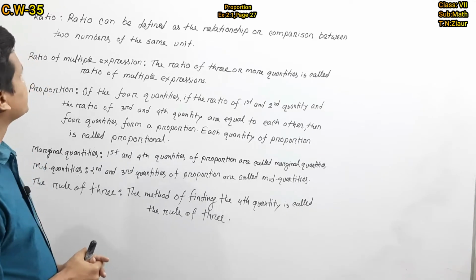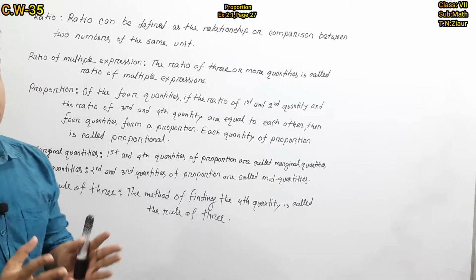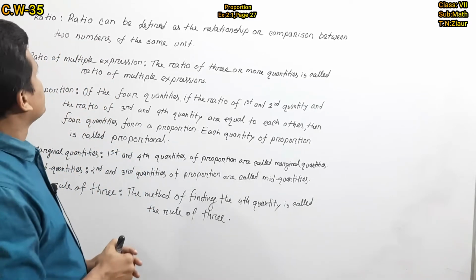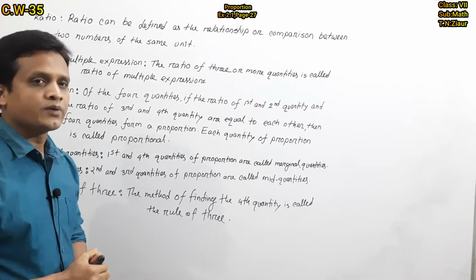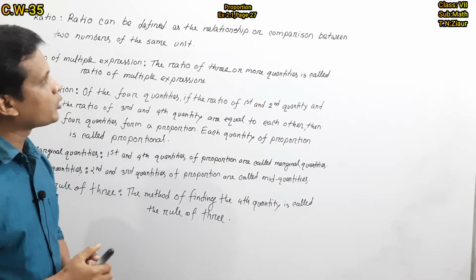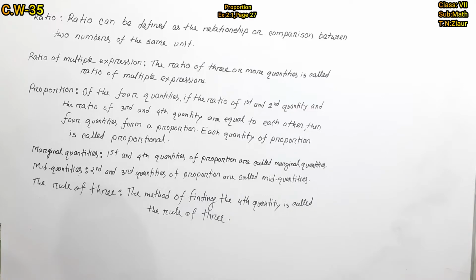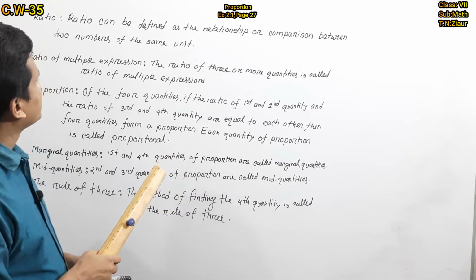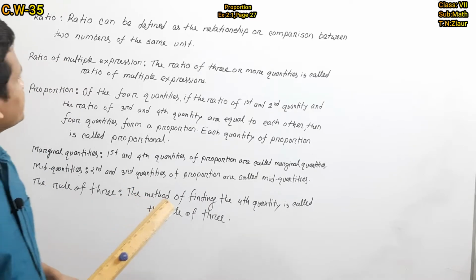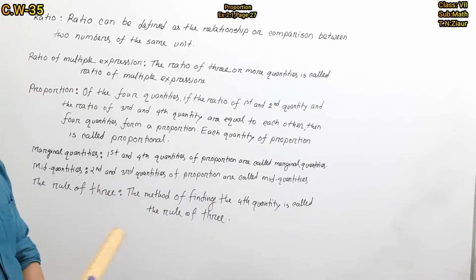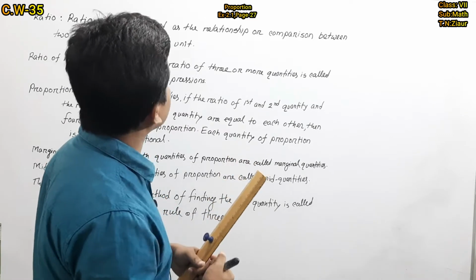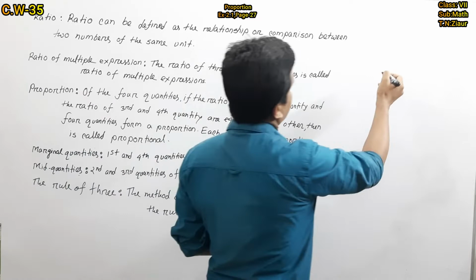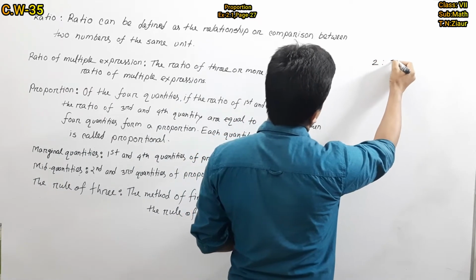So what is ratio? You have already learned this from class 6, right? Ratio is a fraction, you know. I have written that ratio can be defined as the relationship or comparison between two numbers of the same unit. Okay, you already know this one. Students, suppose 2:3.